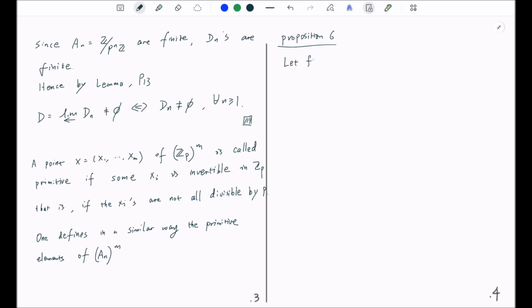Let f^i's be a family of polynomials in m variables that are homogeneous. Recall that by homogeneous, we mean each polynomial consists of monomials with the same degree.